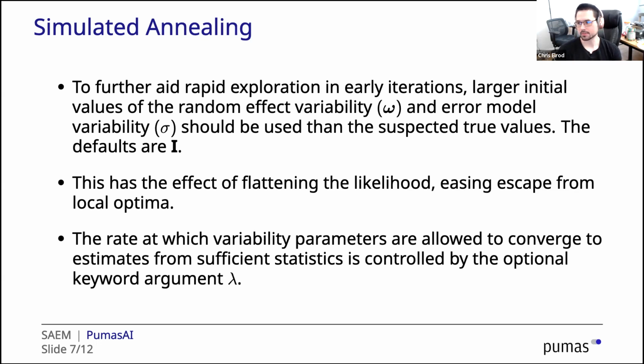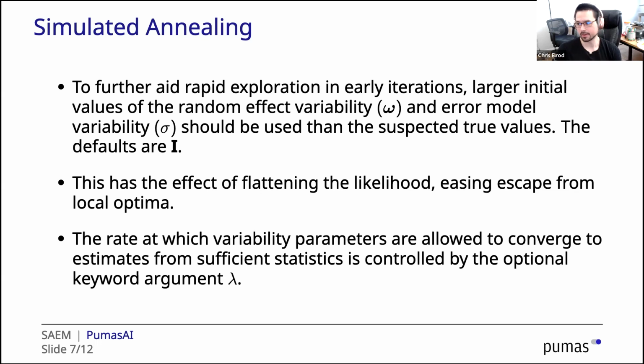If you do specify them, it is a mistake I've seen before of somebody specifying them with, oh, I believe it to be about 0.1. So they think they're helping by specifying the value they believe it to be, which, even if they're correct, will yield much worse performance of the SAEM algorithm than by using the inflated value.